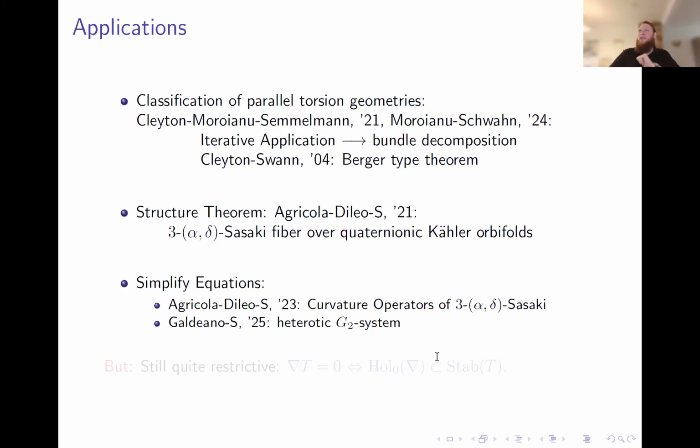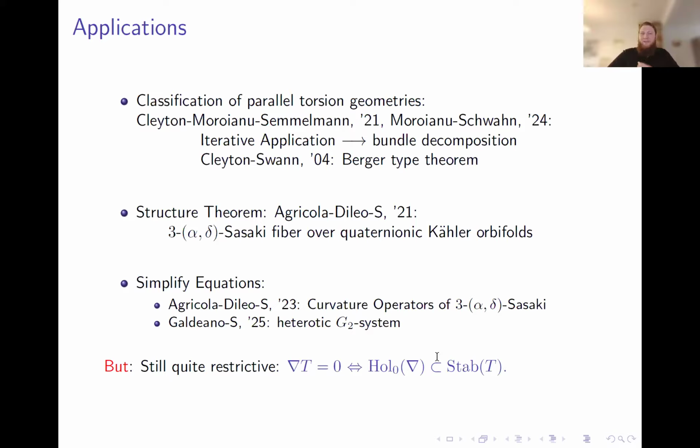But back to our original question, we wanted to extend Berger's theorem, or the study of Berger and de Rham, to more interesting geometries, having more possible holonomy groups. And it turns out that parallel torsion is still kind of restrictive.